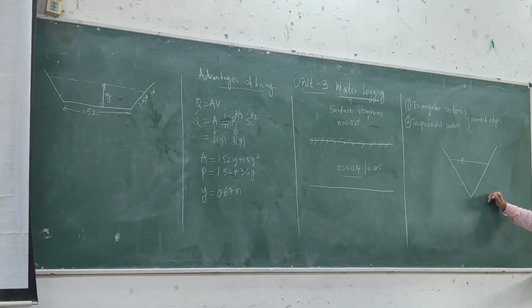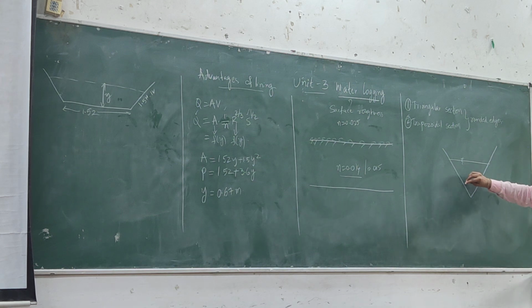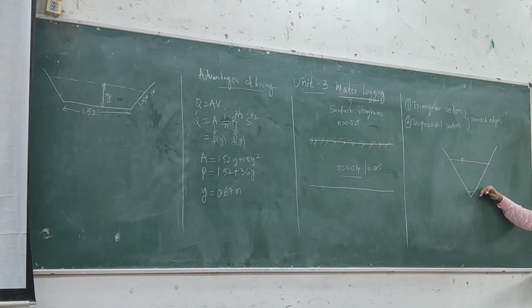So let's say this is a triangular section, and now instead of having this sharp edge, in the bottom we are rounding it off. So we have a rounded corner now.